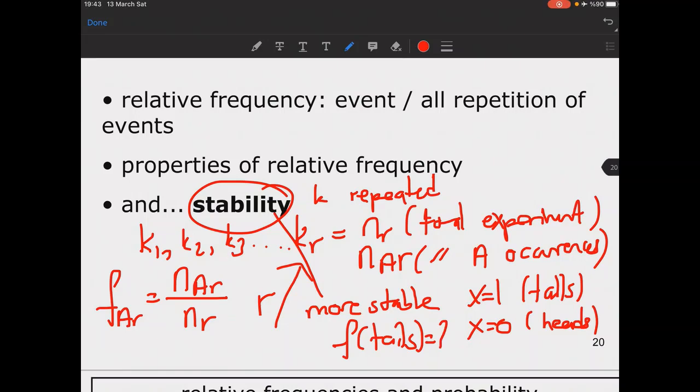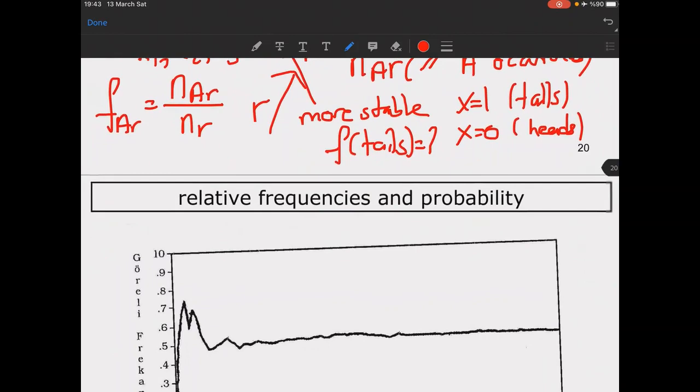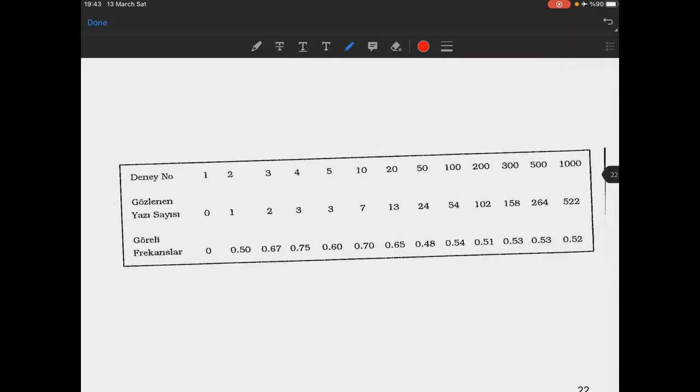Suppose that you toss it once, and this is your experiment number.